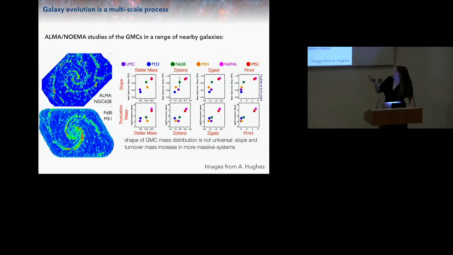In summary, if we take some high-resolution images of galaxies, we can identify the individual molecular clouds in them, count them, calculate their masses, and so on. What these plots show, let's just look at the bottom line, is the mass of the most massive clouds in each galaxy. And you see that correlates with the total mass of the galaxy.